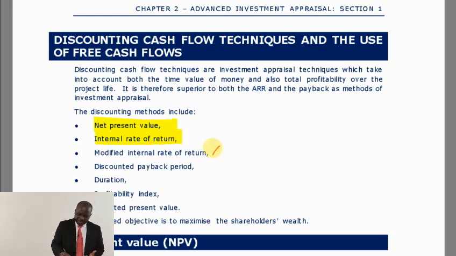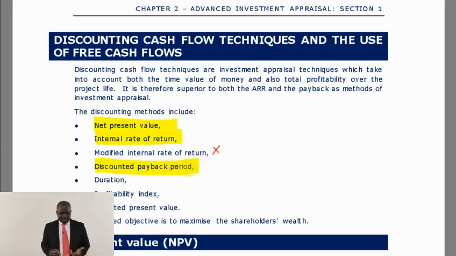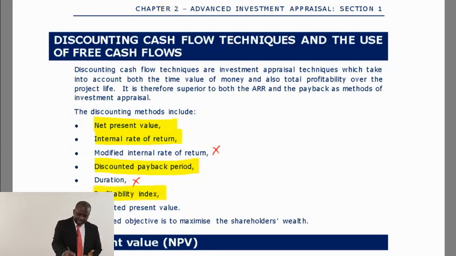Modified internal rate of return, most of us haven't seen. Discounted payback, we've met before. Duration, we haven't. Profitability index, we've met it before. And then adjusted present value, we haven't actually met it before, I mean, from F9 level. We're going to do all of them, whether you've seen it before or not, because we would have to emphasize all of them.